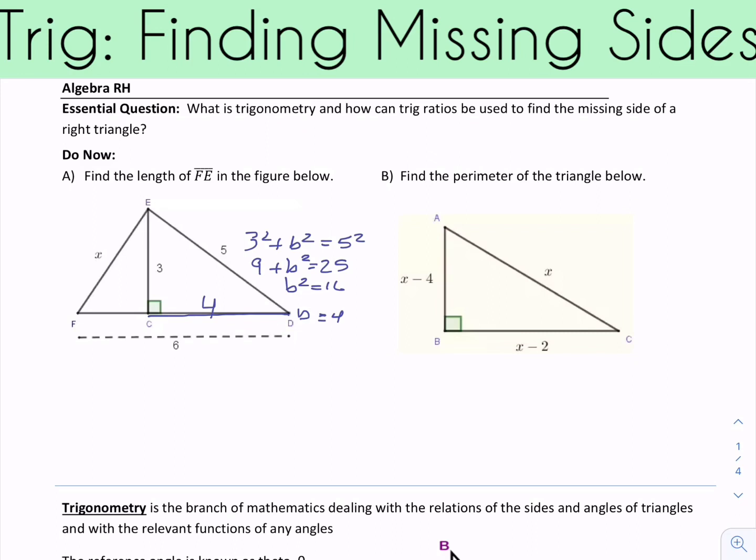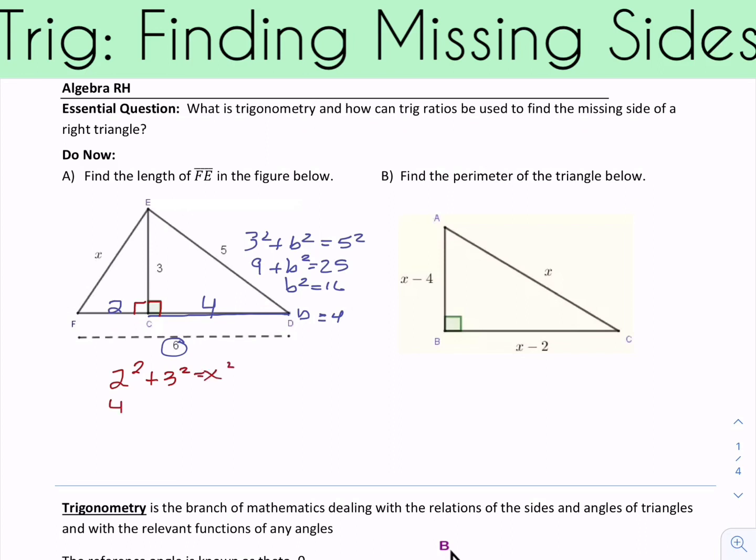So if the whole thing is 6 and this piece is 4, that leaves this to be 2. So what happens is, when you have a straight line in geometry, if this is a 90-degree angle, then this is also a 90-degree angle. So here we have another right triangle. So we're going to apply Pythagorean theorem again. So that's going to be 2 squared plus 3 squared is equal to x squared.